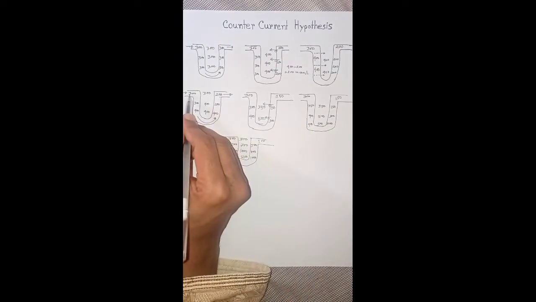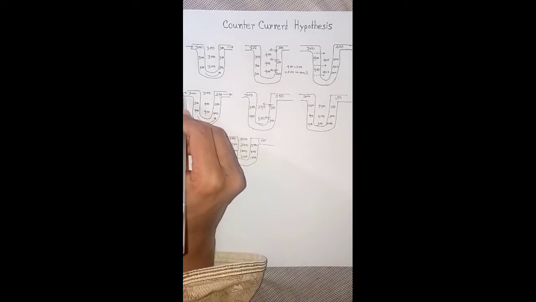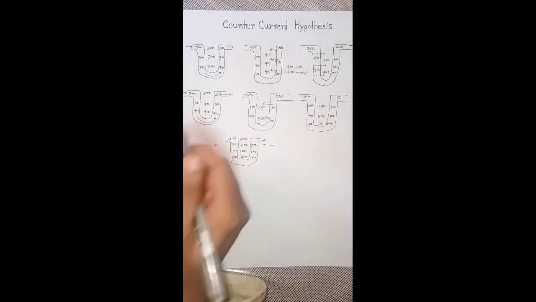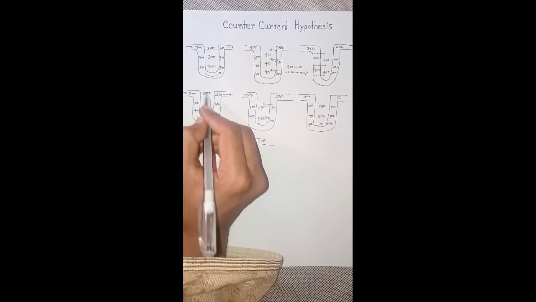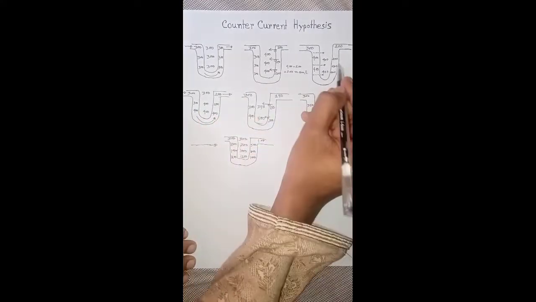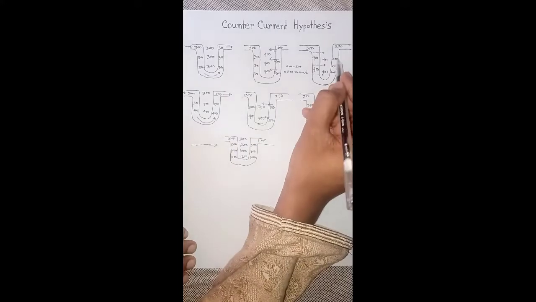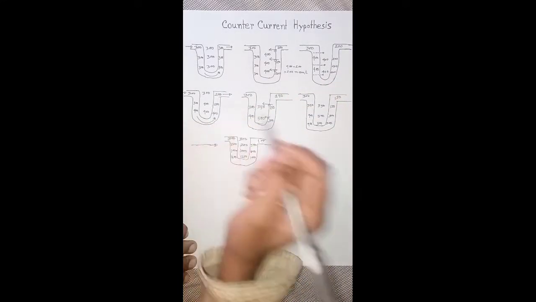This part of the fluid becomes 300 milliosmol per liter because it comes from the proximal convoluted tubule. And the osmotic concentration in the lower part of the medullary interstitium is 400 milliosmol per liter, and the new medullary interstitium fluid is 300 milliosmol per liter. And this 200 milliosmol per liter concentration fluid reaches this position.